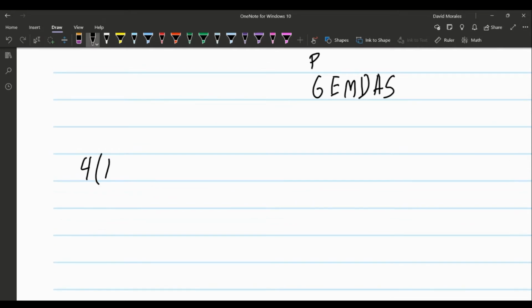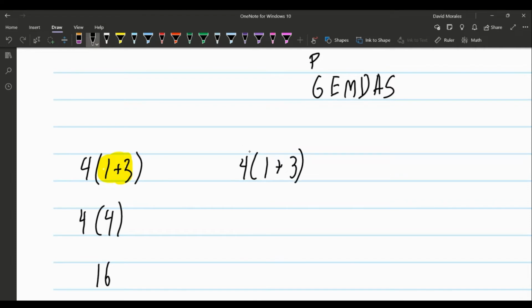So if you had 4 times the quantity 1 plus 3, the order of operations said, hey, we're going to deal with what's inside the parentheses first, then 4 multiplies whatever is inside it. 4 times 4 is 16. Okay. Well, the distribution property is established because when we do it, it gives us the same answer each and every time.